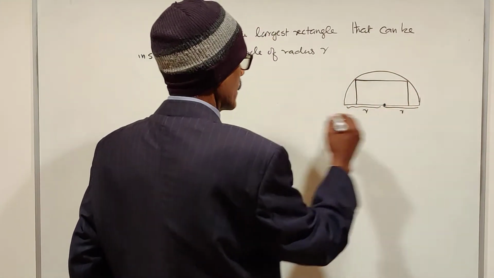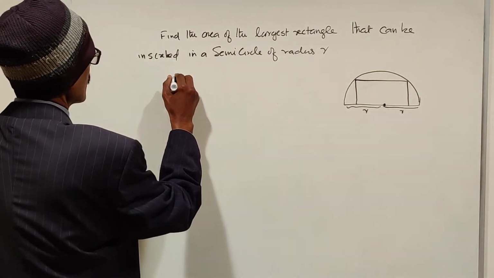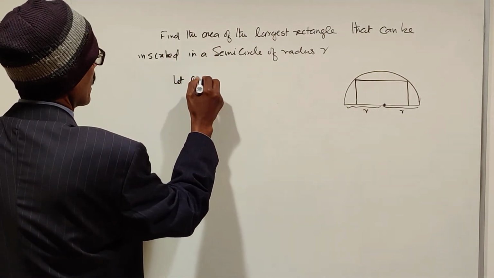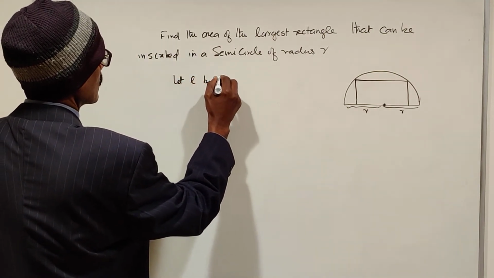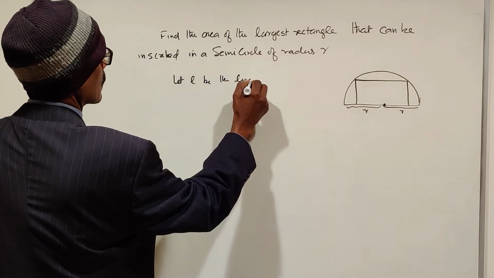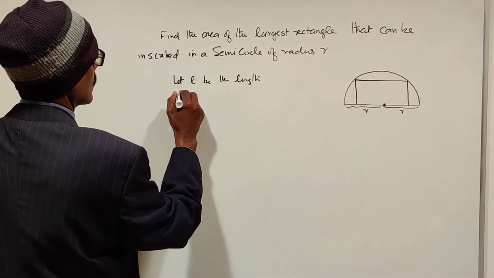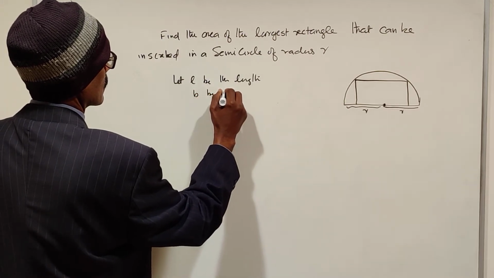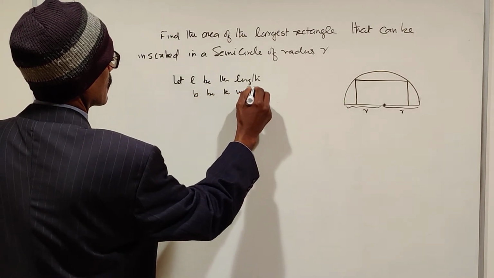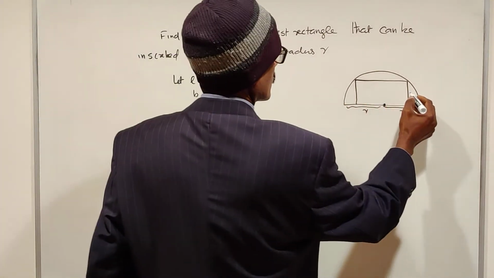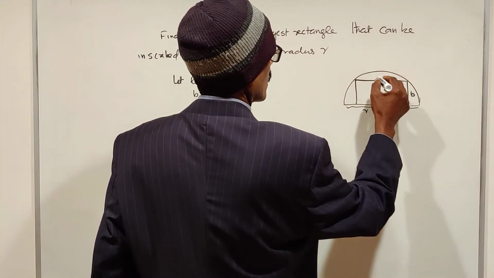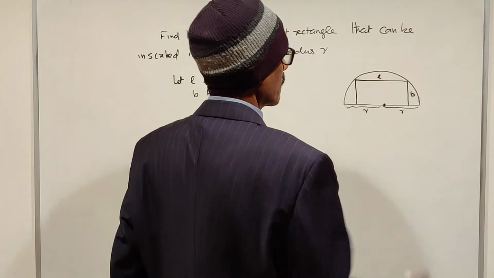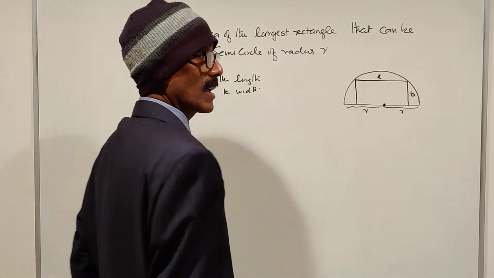Let L be the length and B be the breadth or width of the rectangle. Suppose this is B and this one is L.